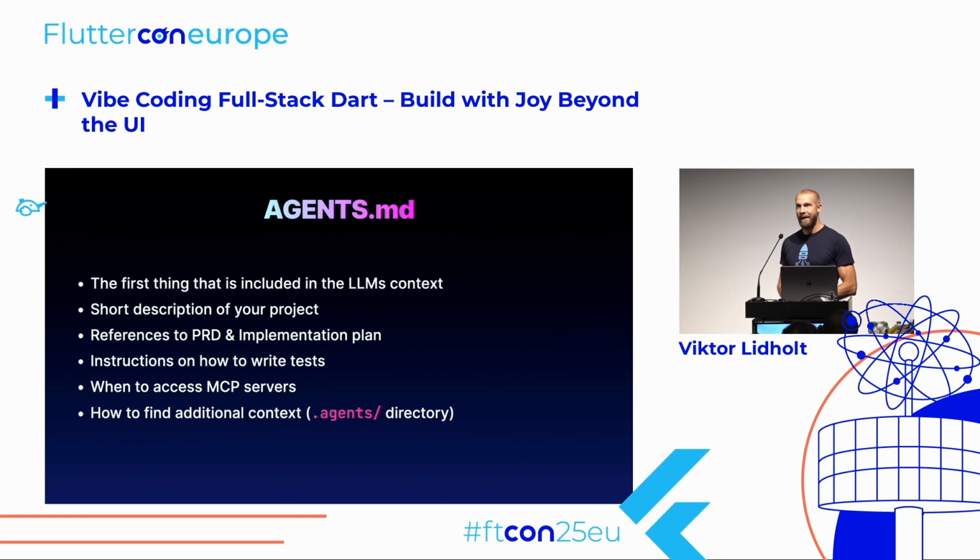For instance, I built an app that used ShadCN, if you know that. It's a UI library that has a specific style if you don't necessarily want to work with material design. But the models are not super well trained on that. So what I did, I used another prompt to pull all the documentation from ShadCN.